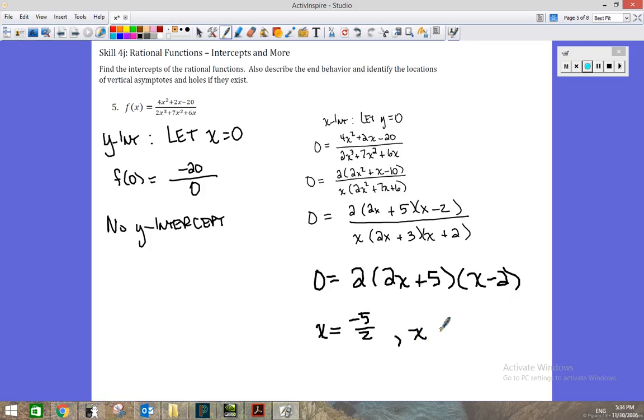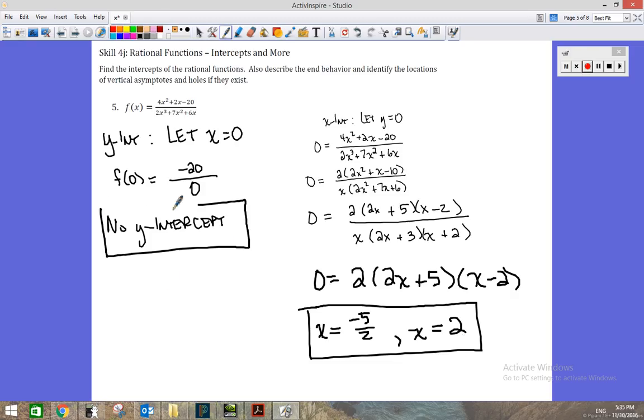And 2 minus 2 gives me 0. So I claim that this graph will intersect the x-axis twice, once at negative 5 halves, and then again at positive 2. I claim it will never intersect the y-axis. I don't know if it's going to be a cross or a touch and turn or things like that, like we did with the polynomials.